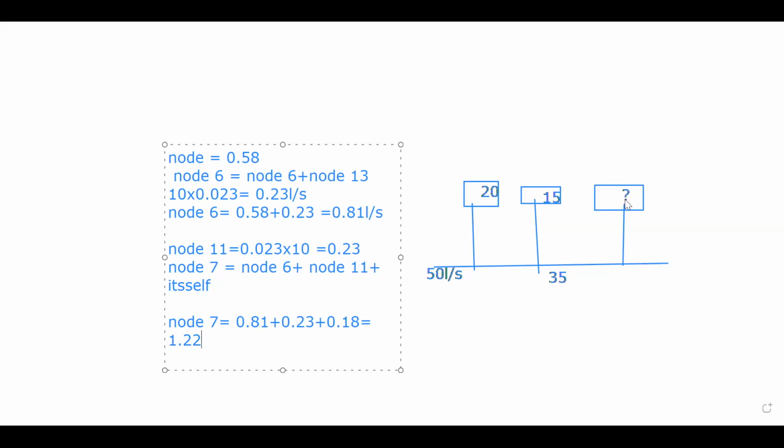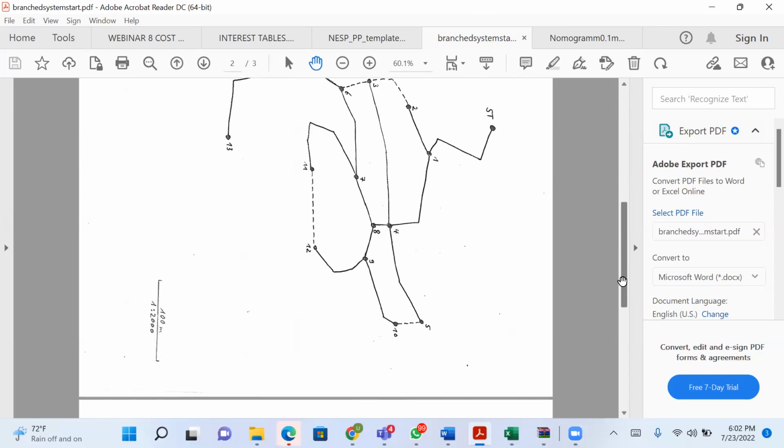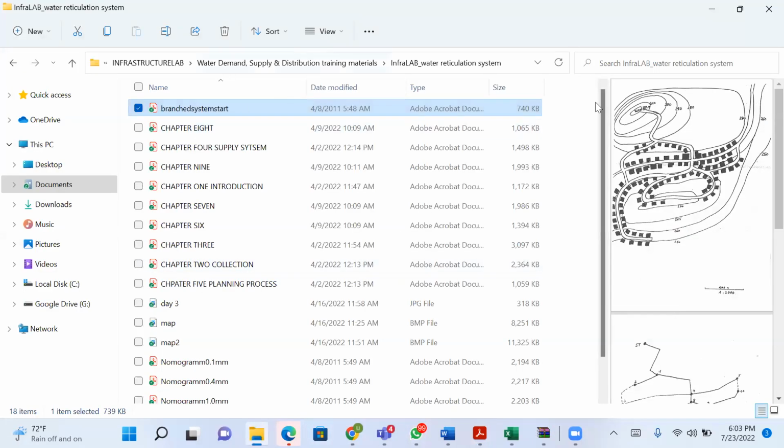Now watch me. When I get to node 8, I will add the value of node 9 plus node 7. But before I could get node 9, I have to do node 12 and node 10. Any question?